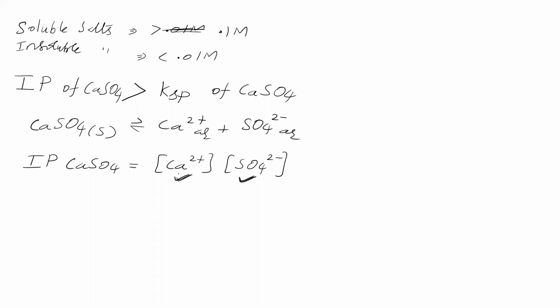Ionic product means these concentrations can be in an unsaturated solution, a saturated solution, or a supersaturated solution, in any solution. Under whatever the condition, this product is called the ionic product.